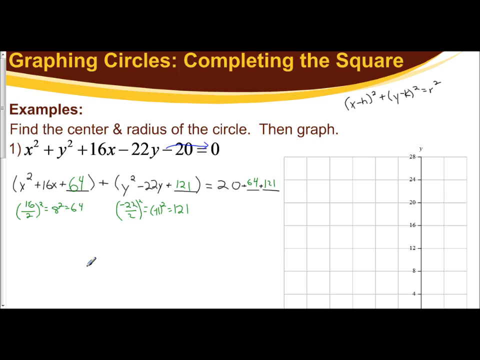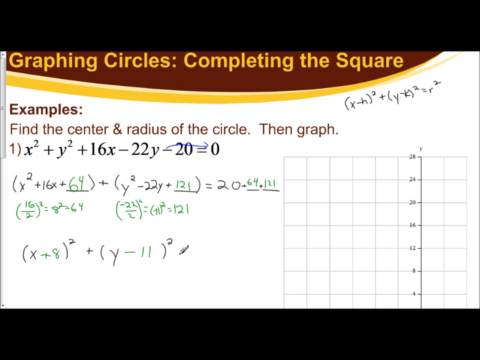You finish the completing the square process to get it in standard form. If I take a look, I squared a positive 8, so then it's x plus 8. I squared, when completing the square with the y, a negative 11, so it's y minus 11.